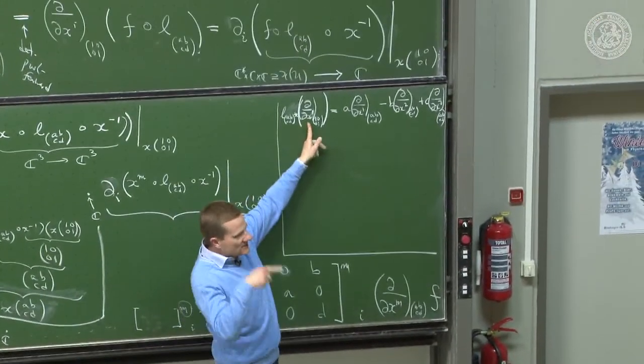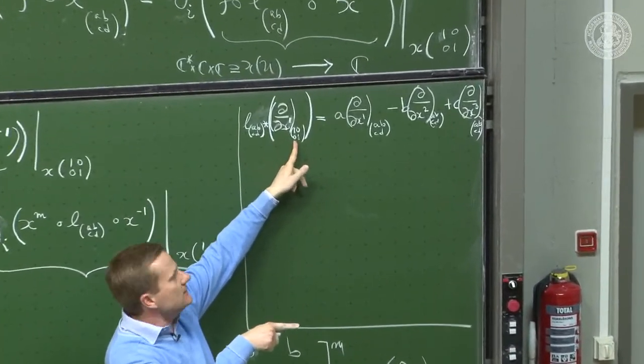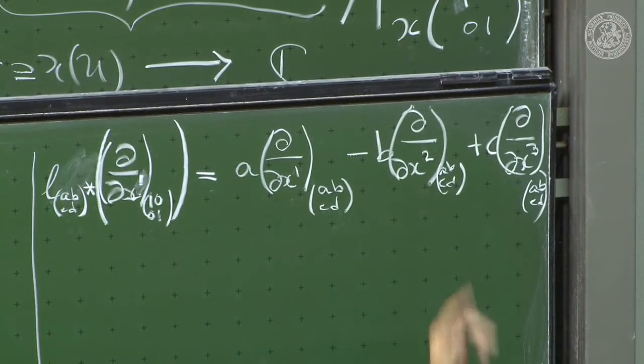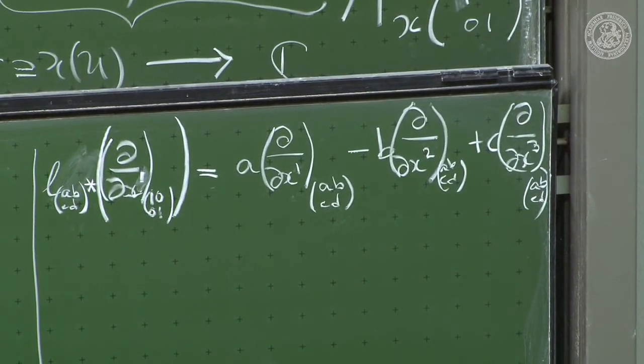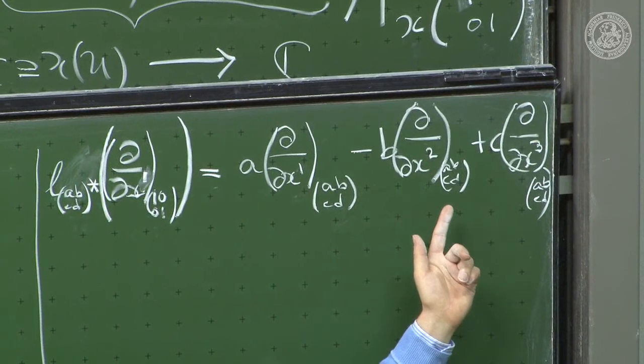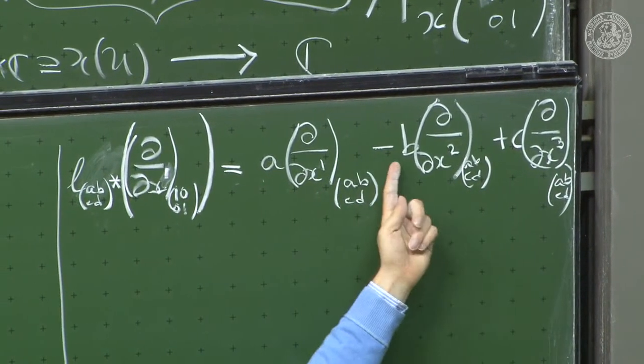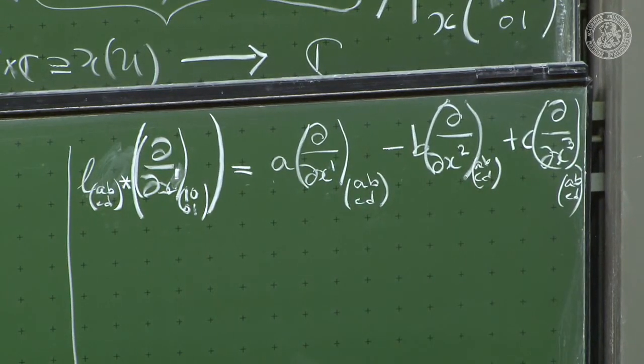This is the tangent vector in the one direction at the identity. I push it forward to the point A, B, C, D. There it becomes a linear combination of the coordinate-induced basis at the point A, B, C, D with the coefficients A, minus B, C.